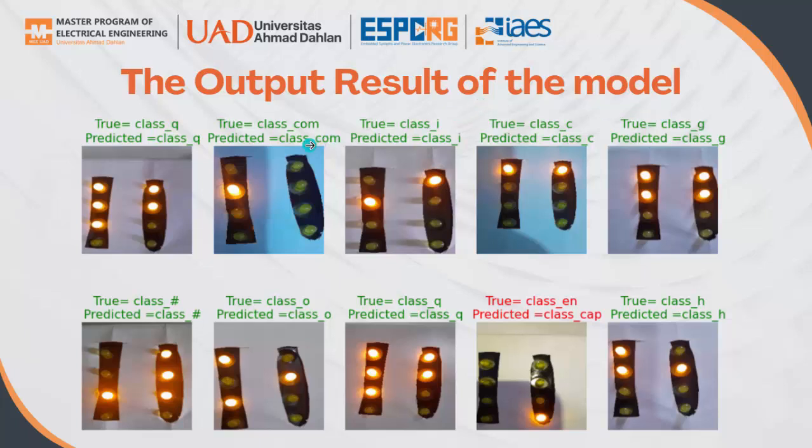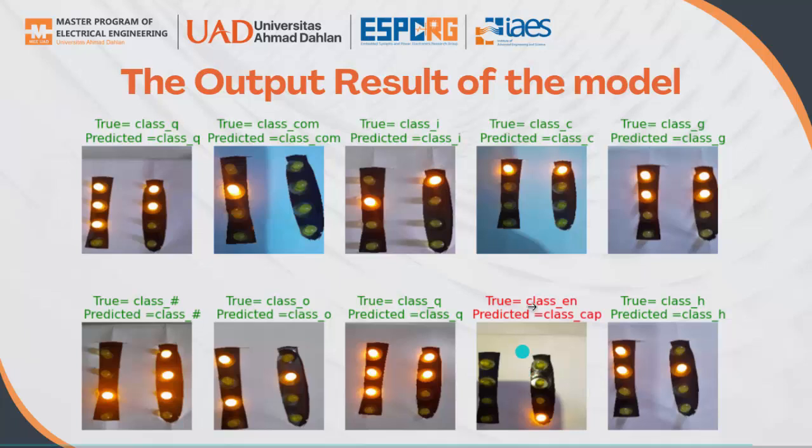This is the output result of the model, which compares the true label and the predicted label. We can find here this is a Q class, and the predicted class is also a Q. This is an I class with the predicted Y class, and the C class and G class, and a lot of classes.